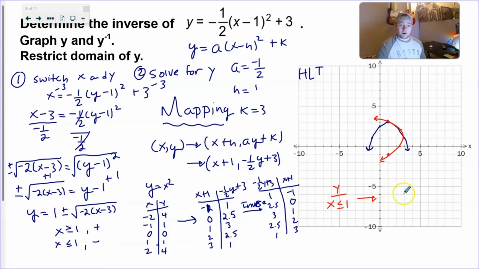So then, remember, for the inverse, you're switching x and y. So this little restriction will become y is less than or equal to 1 for the actual inverse, right? So everything has to be less than 1. So that is this line right across here, right?